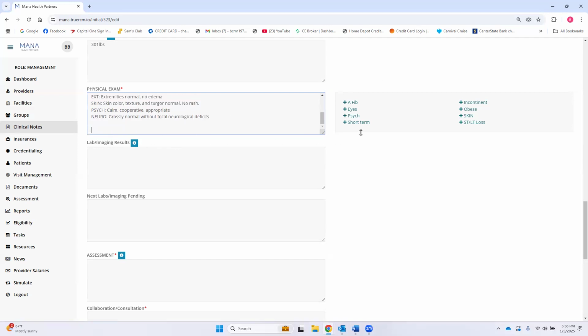Again, taking the snippet, editing it, and updating. Short-term memory loss, short-term and long-term memory loss. Here is the skin section that talks about chronic cutaneous insufficiencies and dermatoporosis with poor skin turgor without a rash.